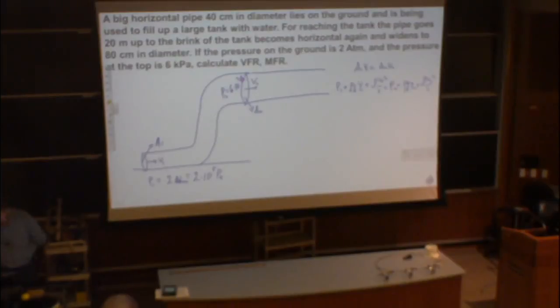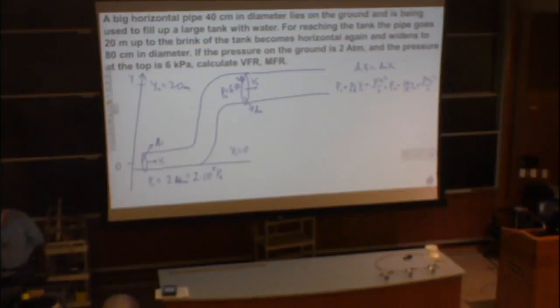Now let's start thinking a little bit. First of all, we need to choose the zero level, and of course, the natural choice is at the ground, which makes this equal 0, and which makes this equal 20.